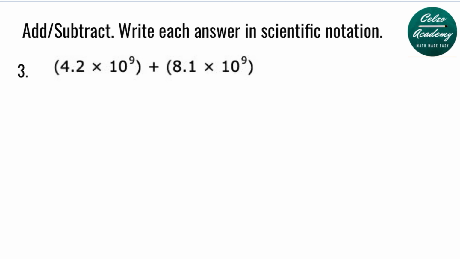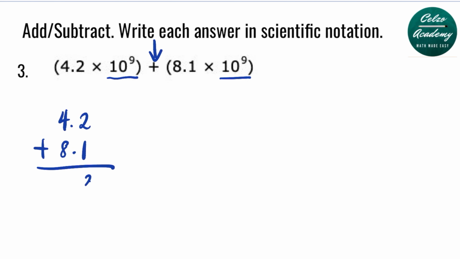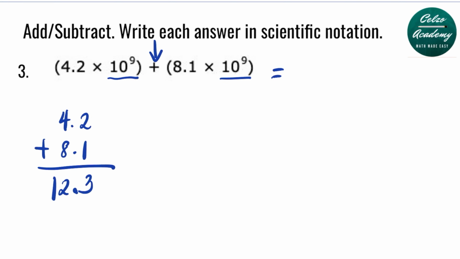Question 3. 4.2 times 10 to the 9 plus 8.1 times 10 to the 9th. For question number 3, both terms have times 10 to the 9th power. And here we're adding, so we will just add 4.2 plus 8.1. 2 plus 1 is 3, 4 plus 8 is 12, so we have 12.3. So we will have 12.3 times, and then we're copying times 10 to the power of 9.